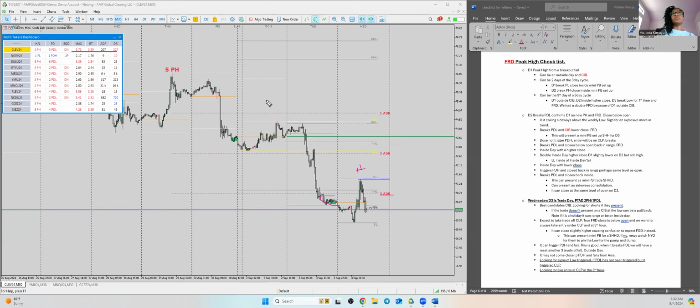This is crude. We don't have news on crude or gas until tomorrow, Thursday, the 5th, at 10 and then 11. Yeah, so gas is at 10:30 actually, and then crude oil is going to be at 11. So you want to keep that in mind for tomorrow.